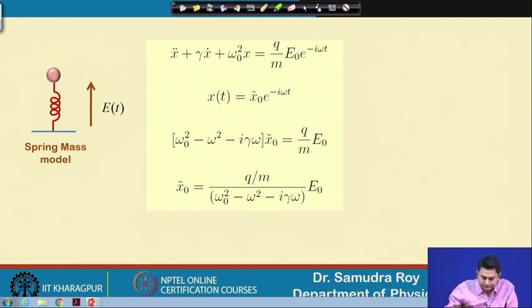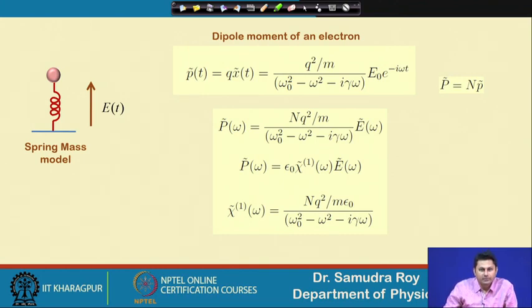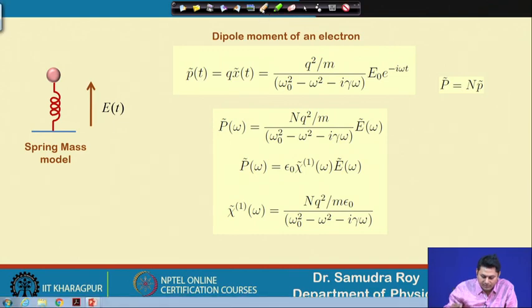Well, from this x 0, it is now possible to find out the value of the susceptibility. How do we figure that out? Again, this is a very straightforward thing.